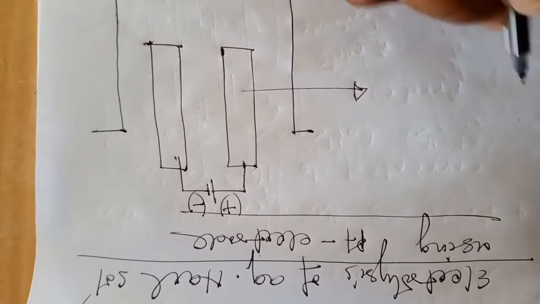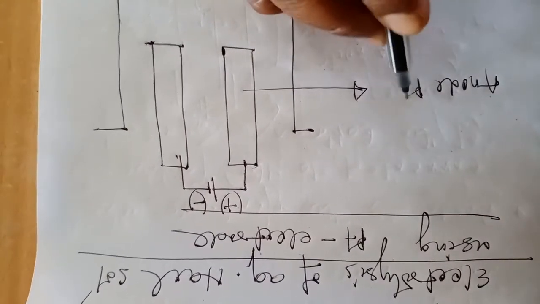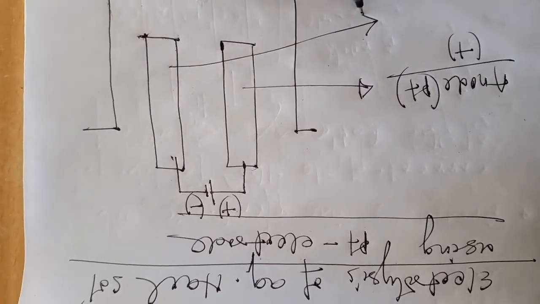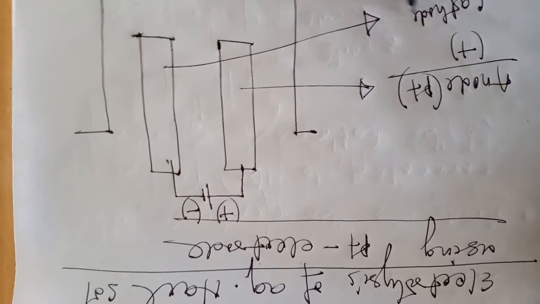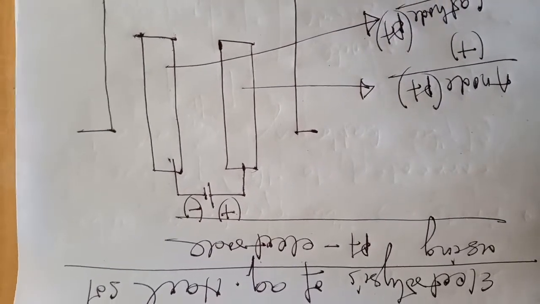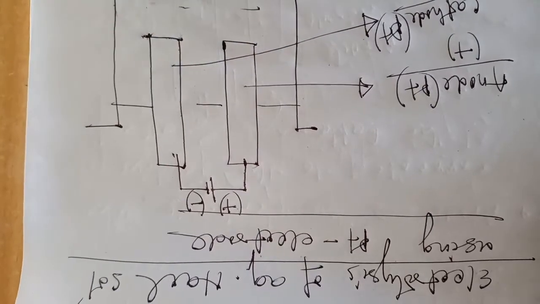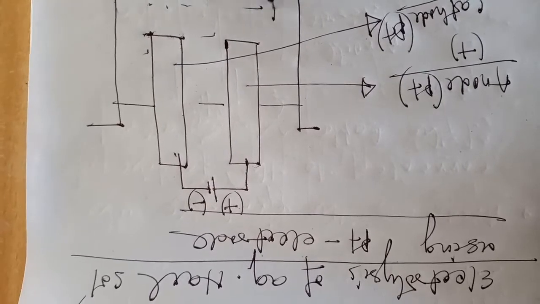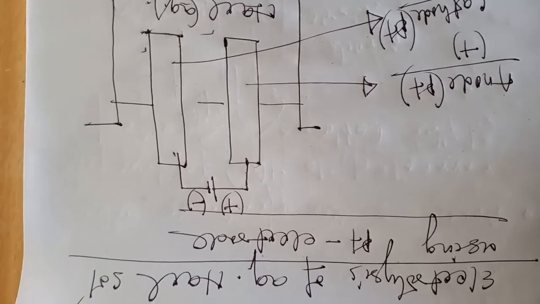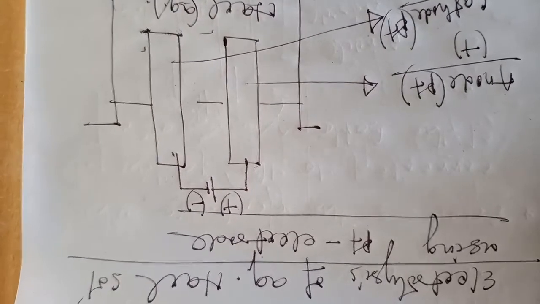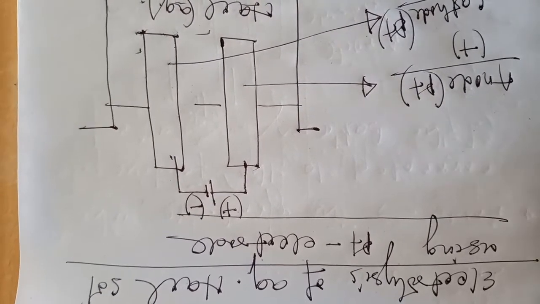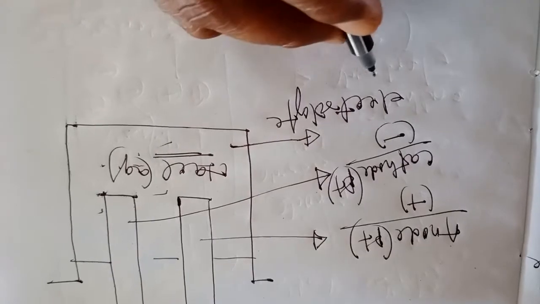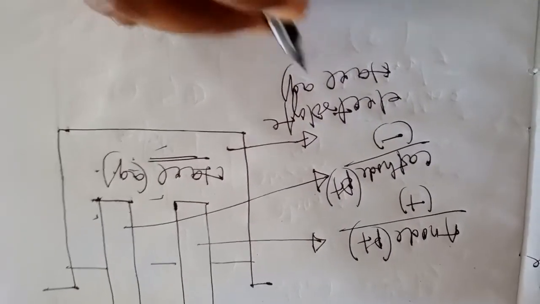Suppose this is the anode, platinum electrode, positive electrode, and suppose this is the cathode, also made of platinum, negative electrode, and these two electrodes were dipped into the NaCl electrolyte, that is aqueous NaCl.